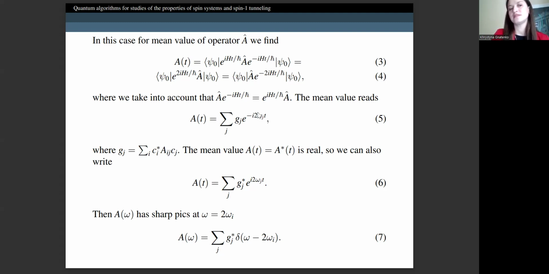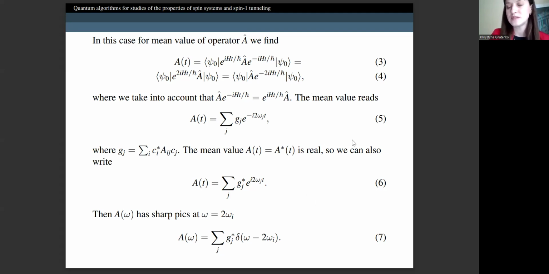Omega are frequencies, so they are related to the energies. So the mean value, in the case when the operator anti-commutes with the Hamiltonian, we can do all these transformations and obtain this expression.